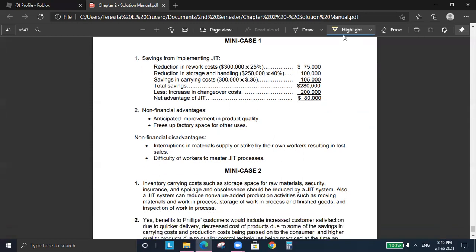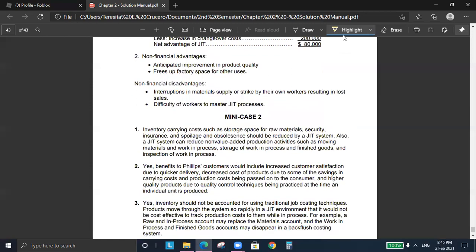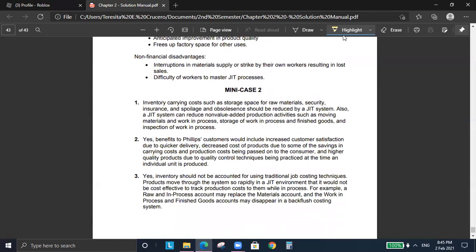Then the second requirement, or the second problem, for mini case number 2: changing from a traditional system to a JIT system. In the scenario on page 98, CR Industries was trying to decide whether to change from a traditional inventory system to a just-in-time system.